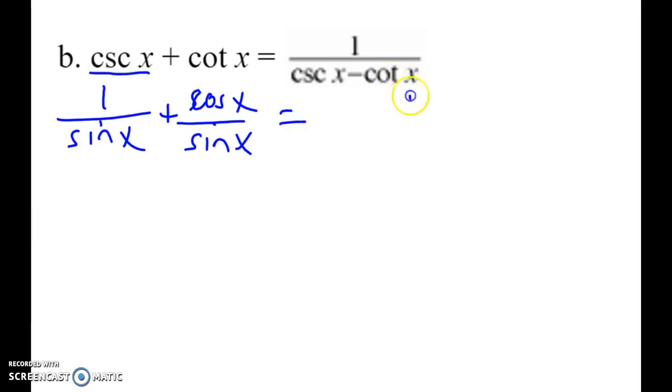Over here I've got 1 over, now this is going to be little fractions within a fraction, so 1 over sine, and minus 1 over, oops, cotangent would be cosine over sine.